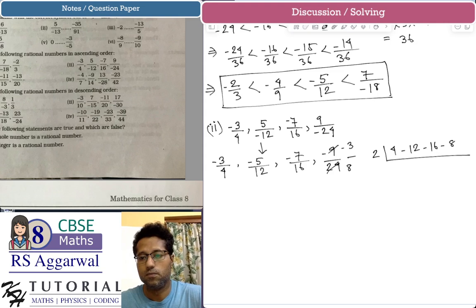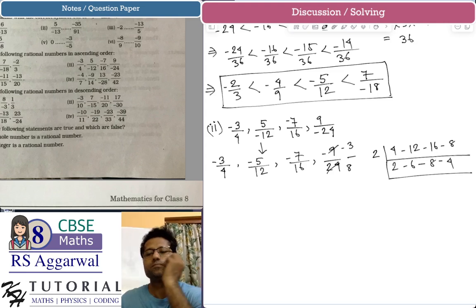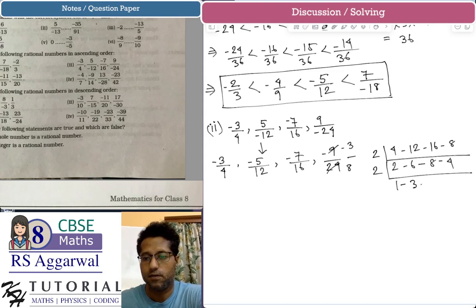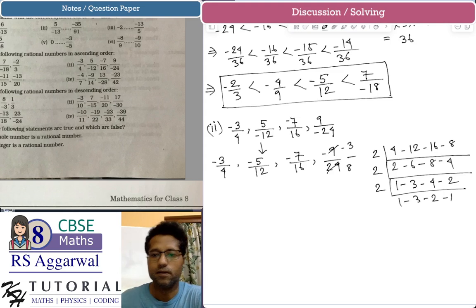This is 2, 2, 6, 8, 4. We divide again by 2: 1, 3, 4, 2. We divide with 2 again: 1, 3, 2, 1.